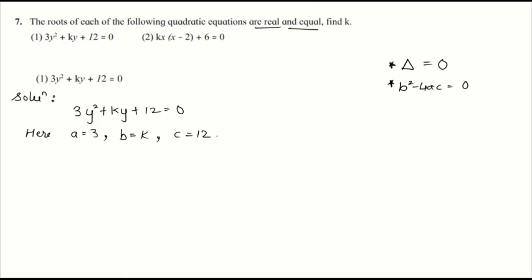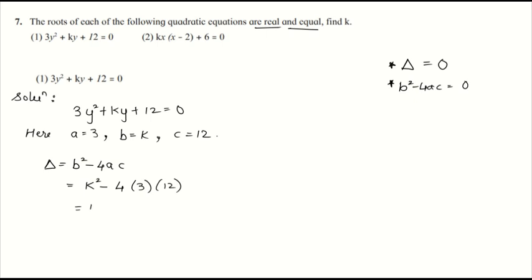So on comparing the given equation 3y square plus ky plus 12 equal to 0, we have the value of a as 3, b as k, and c is 12. And we also know delta is equal to b square minus 4ac. Therefore, delta is k square minus 4 into 3 into 12.